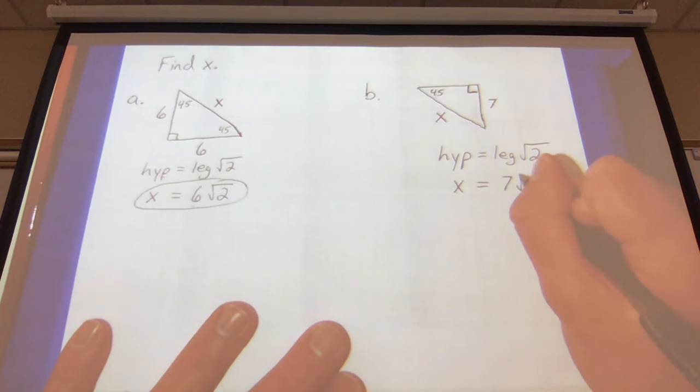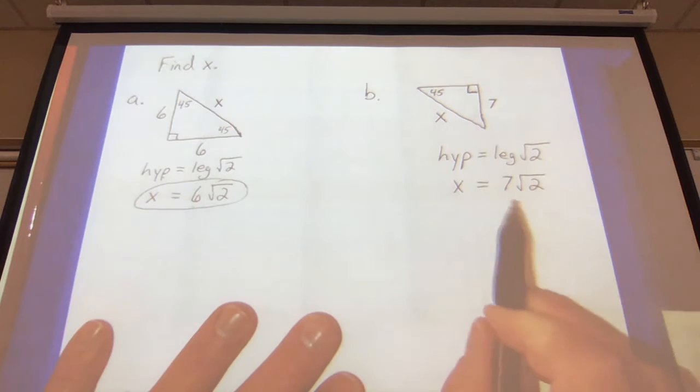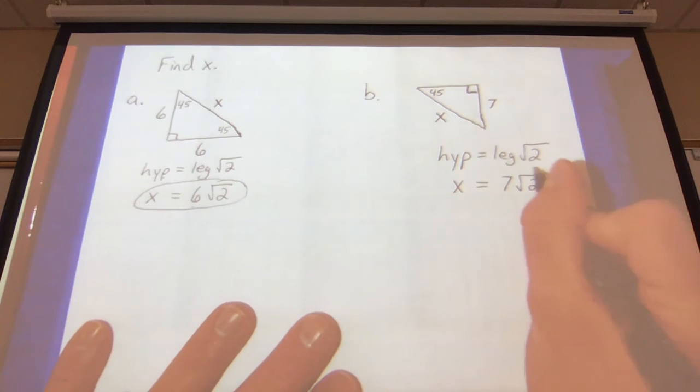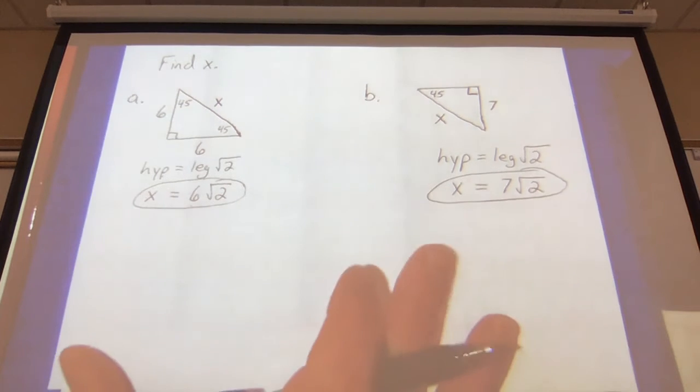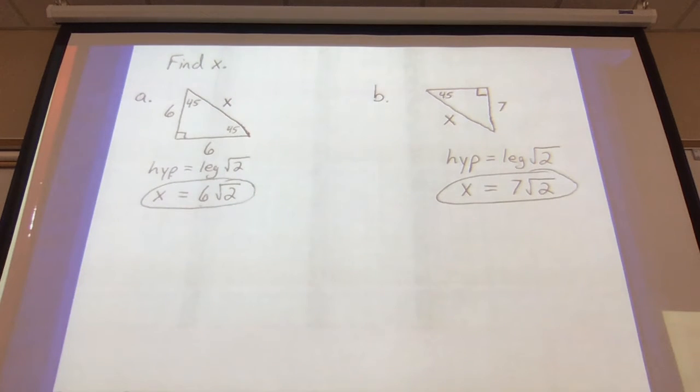We have the square root of 2 behind it. This is simplest radical form. That's all we have to do on it. All right, that one's pretty straightforward. When they ask you to find the hypotenuse, it's a real quick answer. Okay. Any questions with those two?